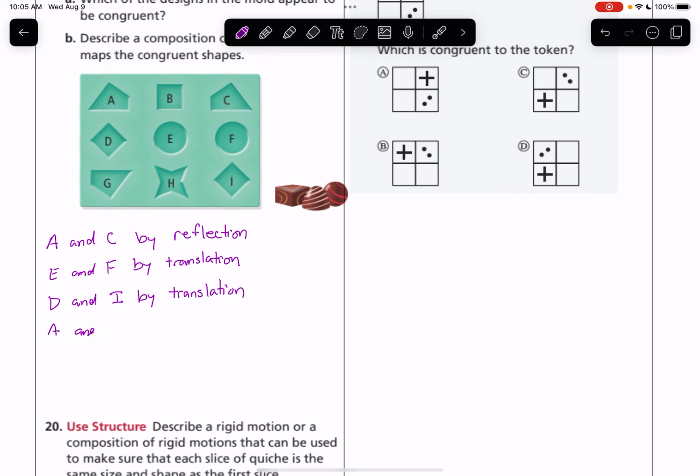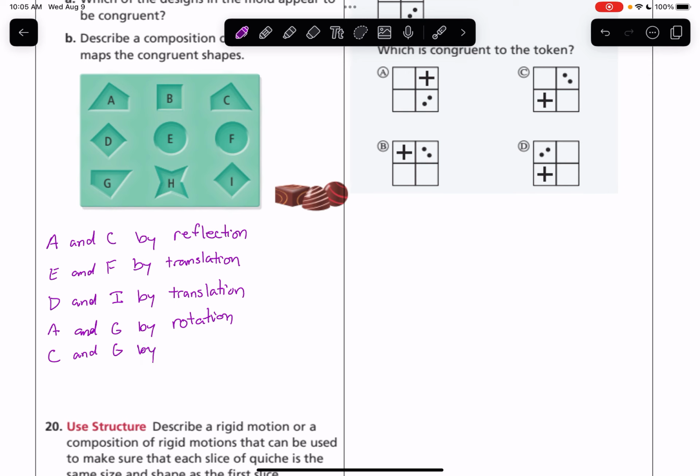A and G by a rotation around shape D. Also C and G by another kind of rotation. C and G by a rotation around a different point.